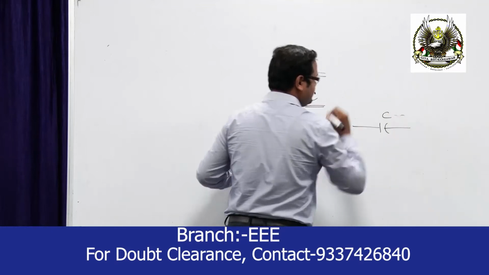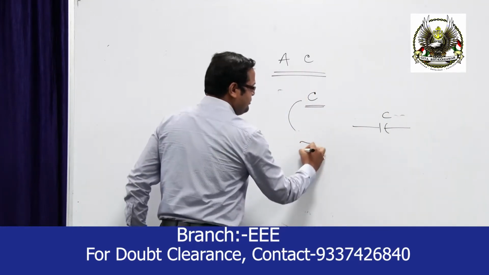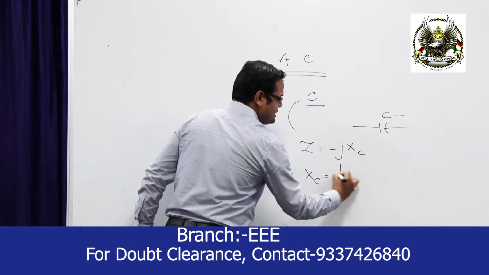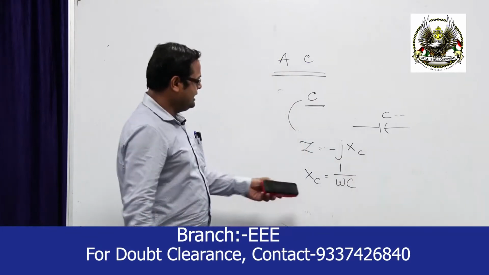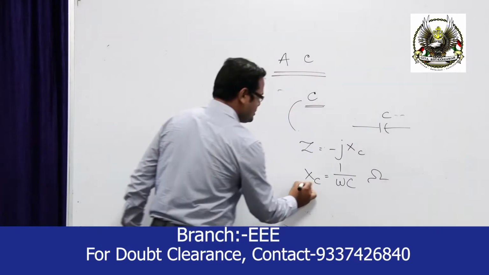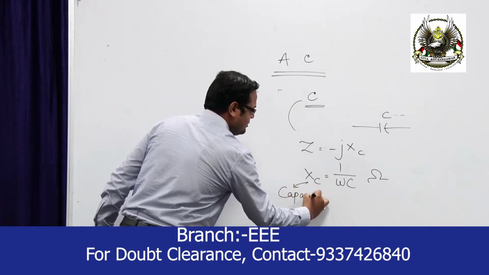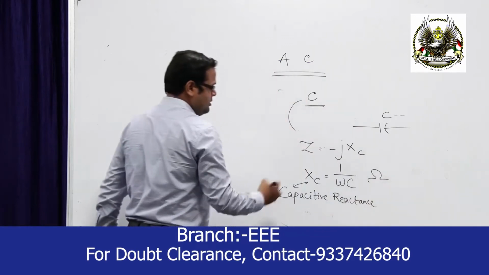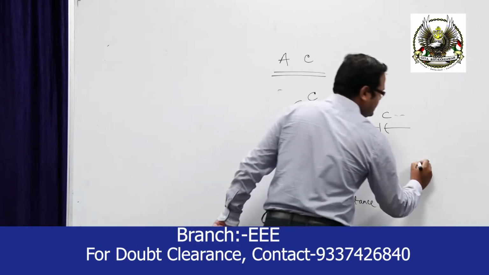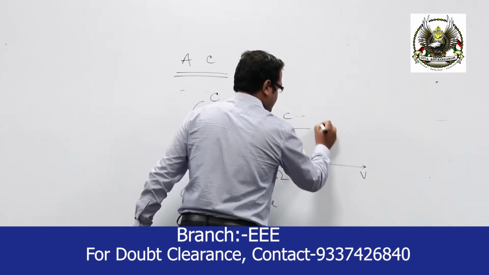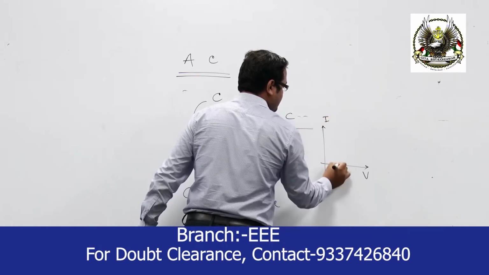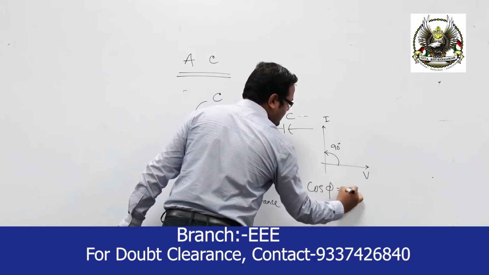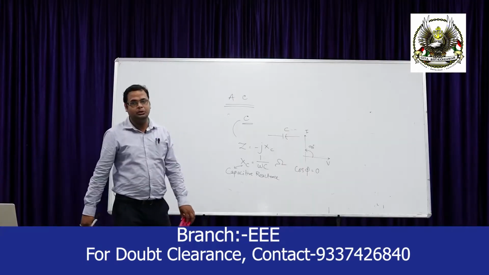In a purely capacitive circuit, the impedance is generally represented by Z is equal to minus j XC, where XC magnitude is 1 divided by omega C, its unit is also ohm, it is called your capacitive reactance, and here in a capacitive circuit the current leads by an angle of 90 degrees. So, here also your power factor cos phi is equal to 0, cos 90 is equal to 0.